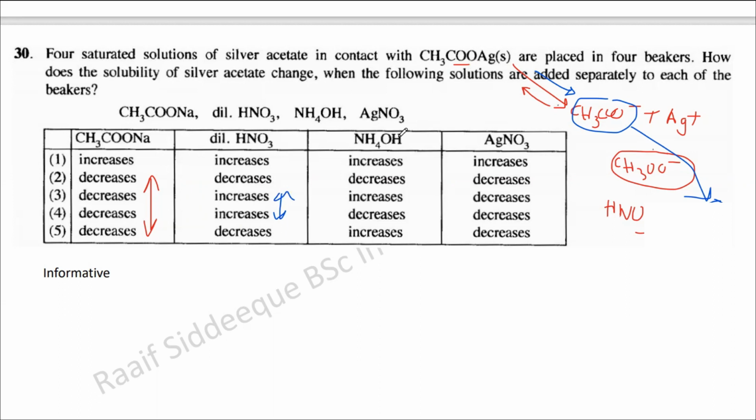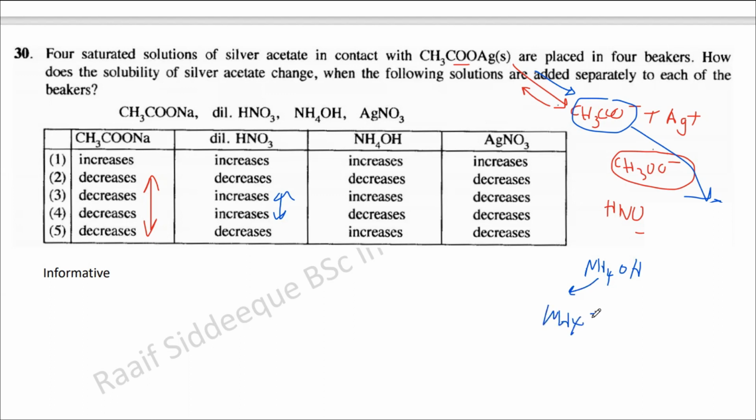And ammonium hydroxide, which is a base now. So you have to understand there is ammonium hydroxide, which is going to give some amount of NH4 plus.